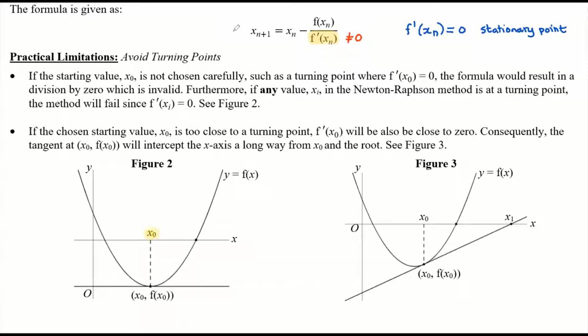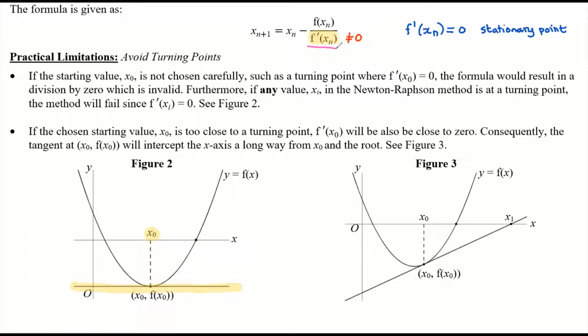If you choose your x naught to be at that point there, and it happens to be a turning point, your tangent line is never going to intersect the x-axis, simply because it's a horizontal line. So it's just not going to work, and you will get a singularity right here because you're dividing essentially by 0. So you avoid turning points at all costs. If you didn't know it was a turning point, just try another point as your starting value, but you will be given the starting value in most cases.